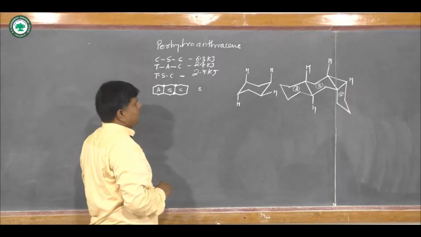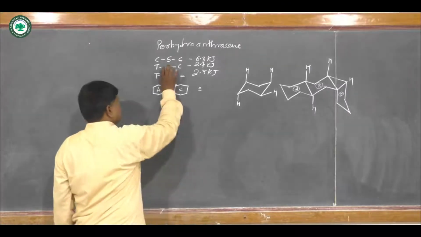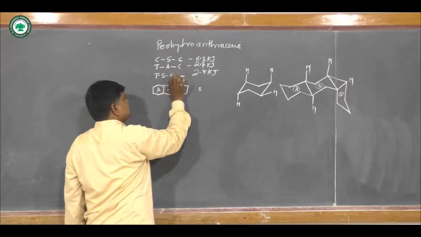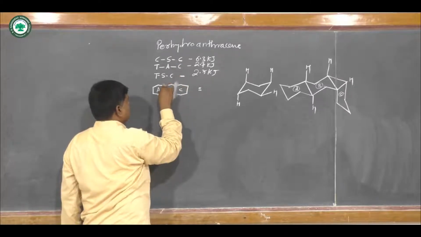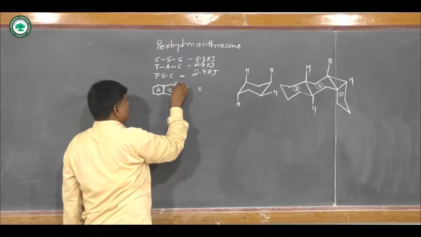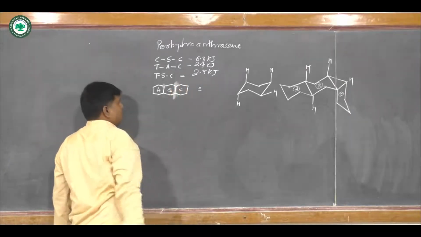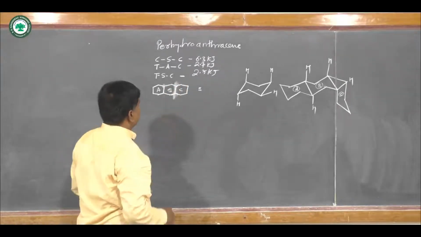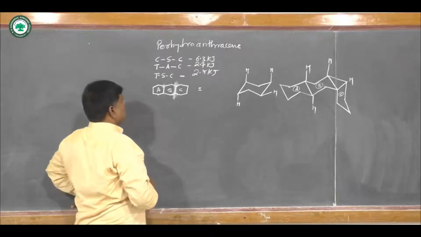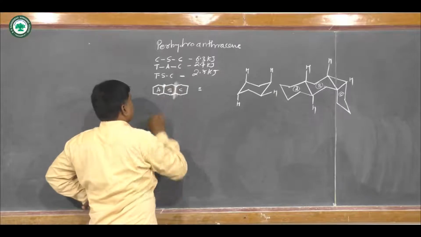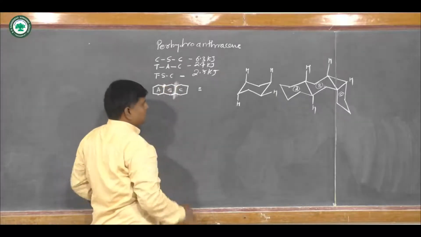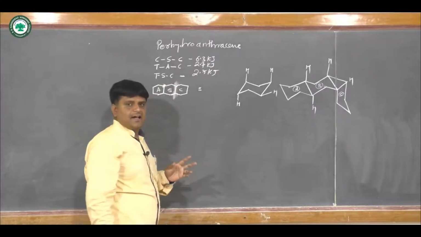Then the next structure, trans anti trans. We are trying to convert that simple structure into the chair conformation. For trans anti trans, when we put one dot here, A and B are trans.